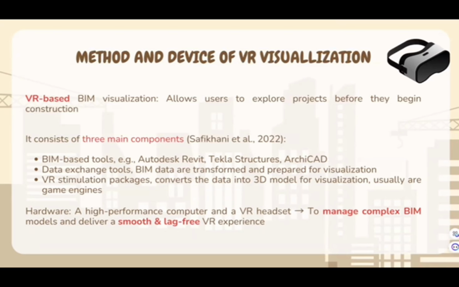And the second one is the data exchange tool, which is to prepare the BIM data. And also VR simulation packages are needed, usually game engines like Unity or Unreal that convert data into interactive 3D. And for the hardware side, we need a high-performance PC plus a VR headset to handle complex models to avoid lagging.